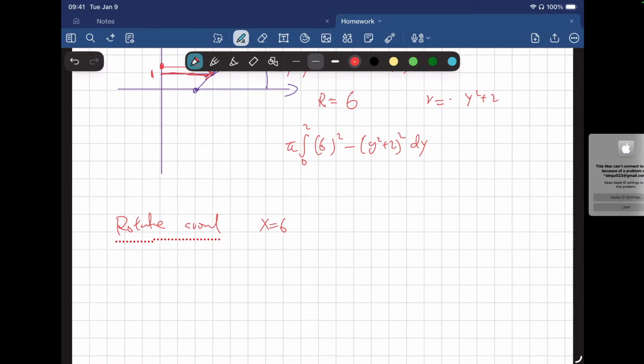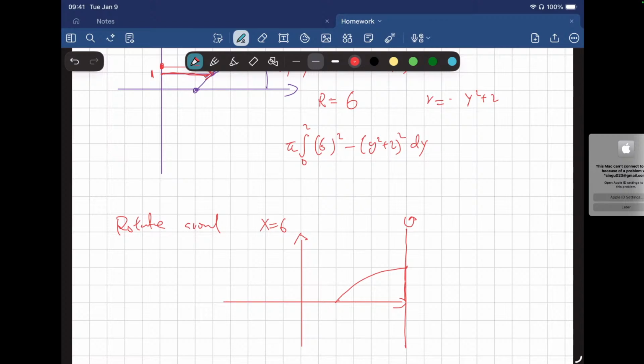Now we want to rotate around x equal to 6 this time. Draw it out. This is the axis of rotation. What are the boundaries? What is the dx or dy?